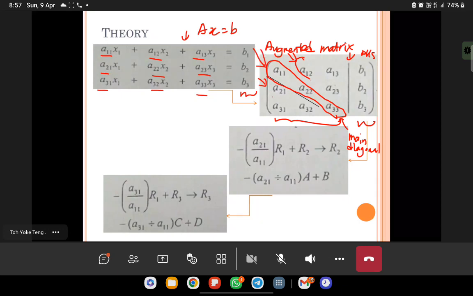That means we are going to make this one and this one 0, in order to make it an upper triangular matrix. So how to do it? Just remember the formula: negative, the coefficient you are going to eliminate. For the numerator, that means the coefficient you are going to eliminate.